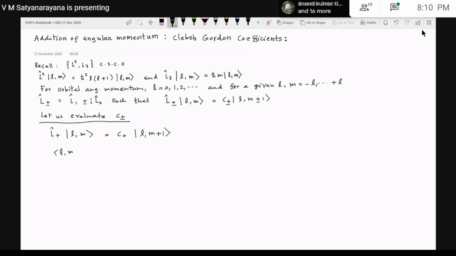So that will be ⟨L, M| L minus, since the dagger of L plus is L minus, and this is the corresponding bra vector.